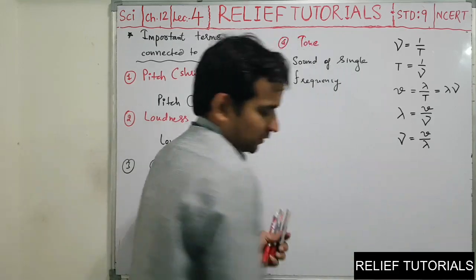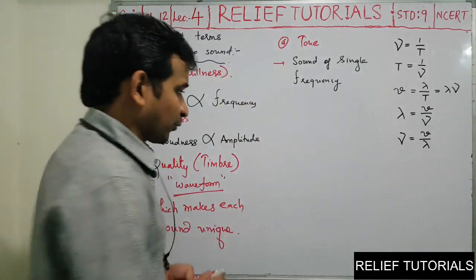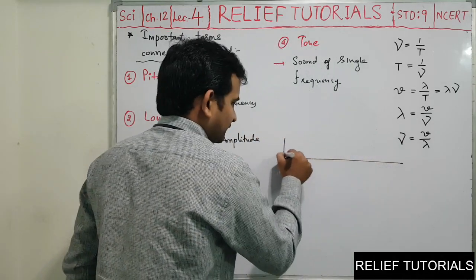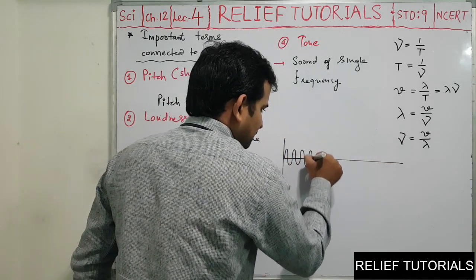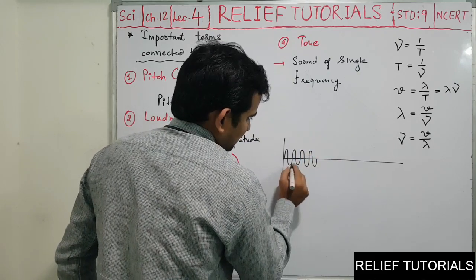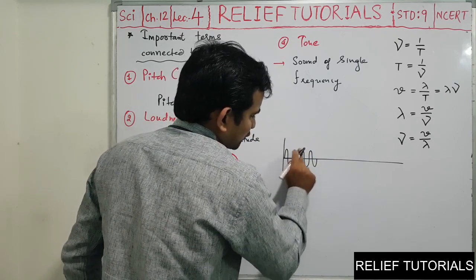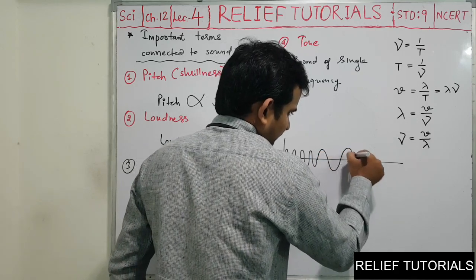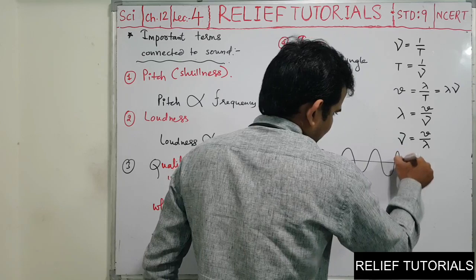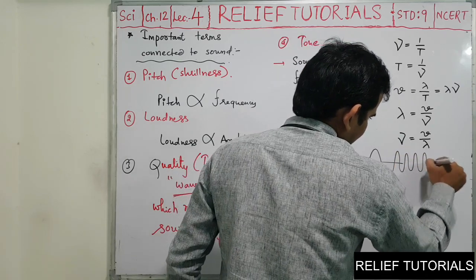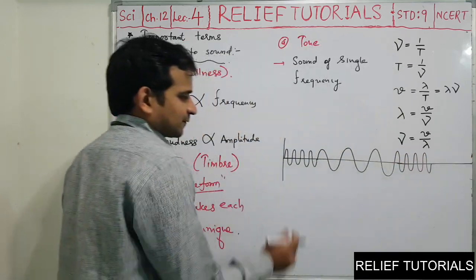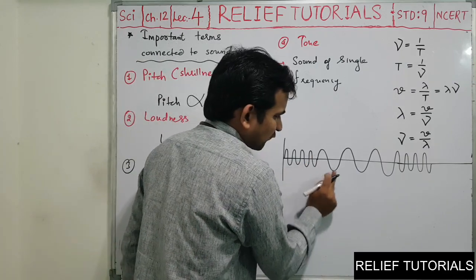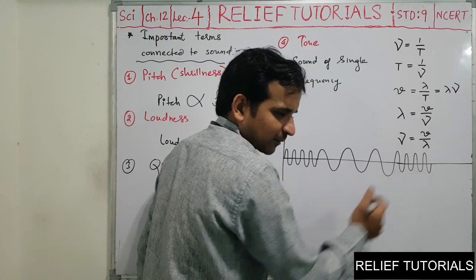Now, some mixture of sound. It's very important. Look at this. It's 1, 2, 3 and 4 waves, like this. And now from here the frequency decreases, 1, 2, 3 for a long time.